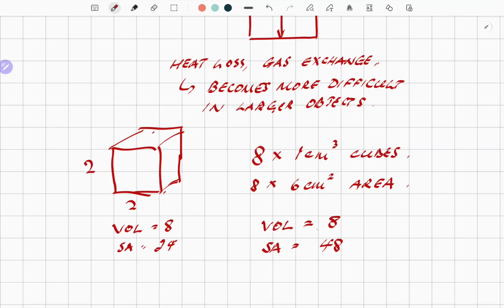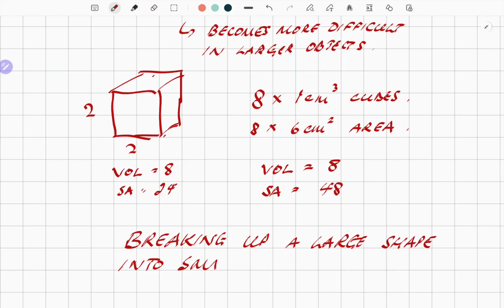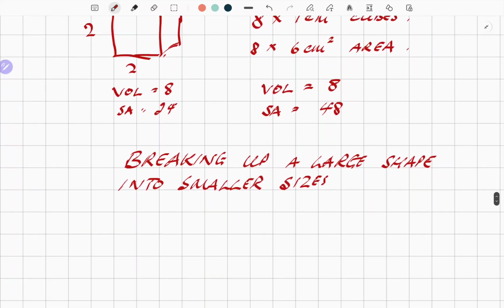So breaking up, and this is the crux of the whole issue, a large shape into smaller shapes, or just sizes, increases the surface area for the same volume.